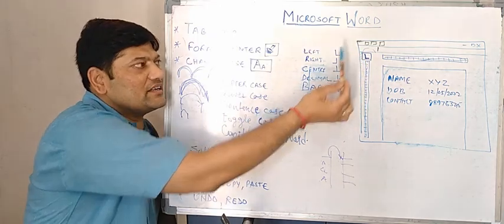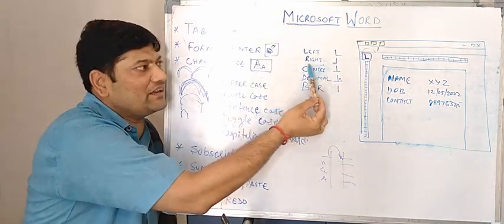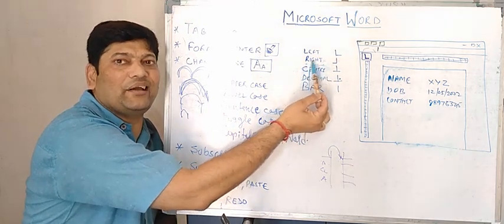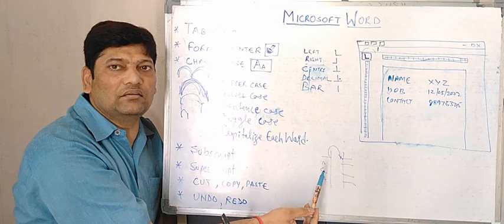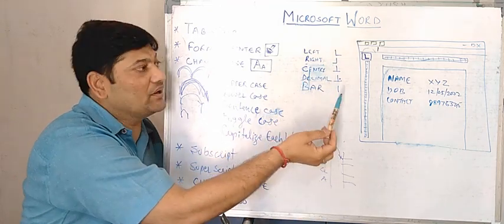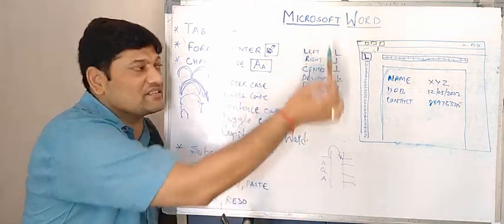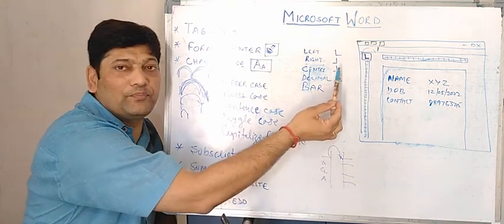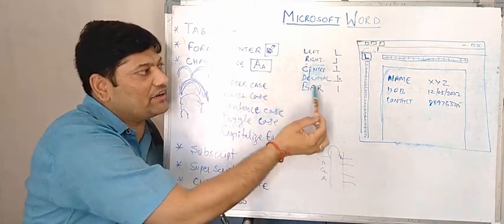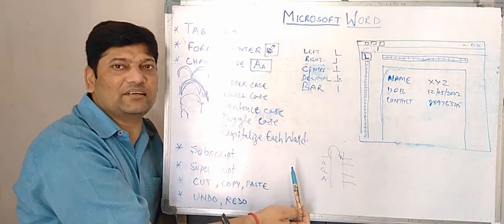If we click on this one time, we get the second tab stop, that is the right tab stop, and you can see the symbol over here. Again, if you press this button, you will get the center tab stop. You can see the symbol is over here. Then if you click on it further, it changes to a decimal tab stop.